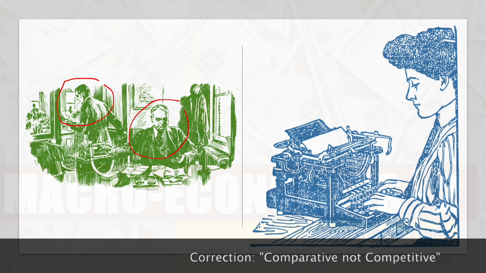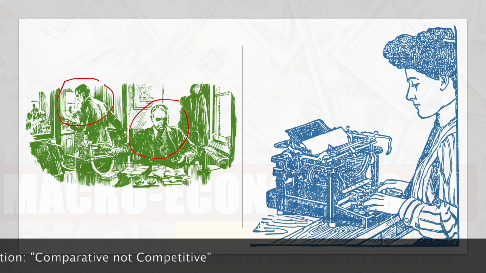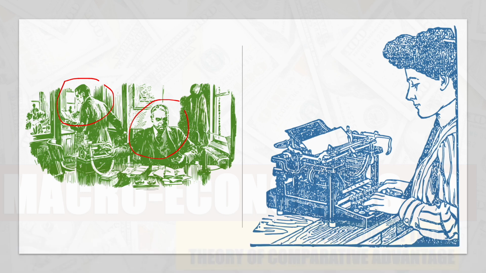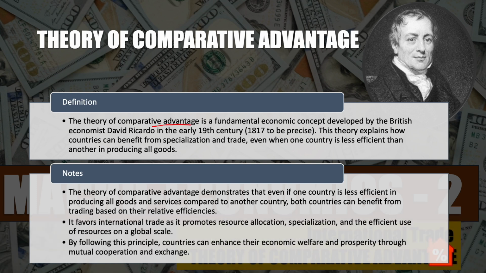This is essentially the theory of comparative advantage. The countries would focus on the produce where they have a comparative advantage, and they shall focus on their strengths. Let's see it in detail. The theory of comparative advantage was given by David Ricardo in 1817.